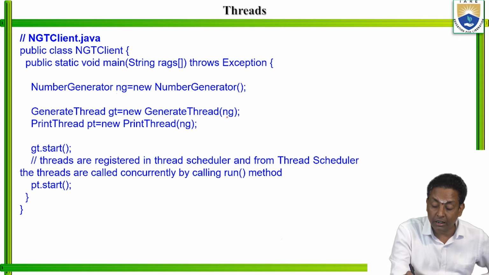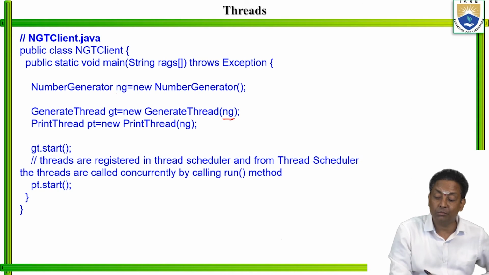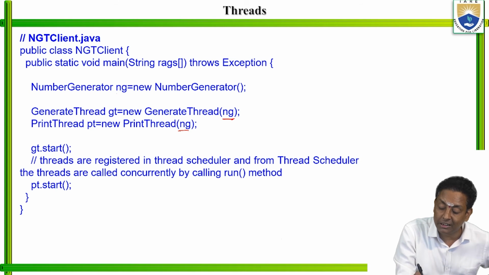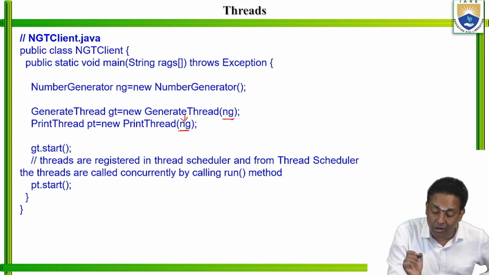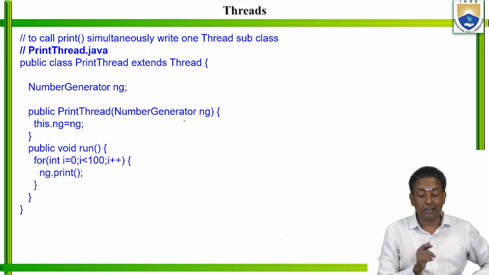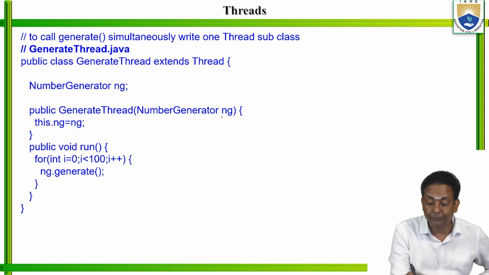Since the GenerateThread constructor and the PrintThread constructor are passed a NumberGenerator object, if constructors are passed any object as an argument, the constructor must declare a parameter of the same type.